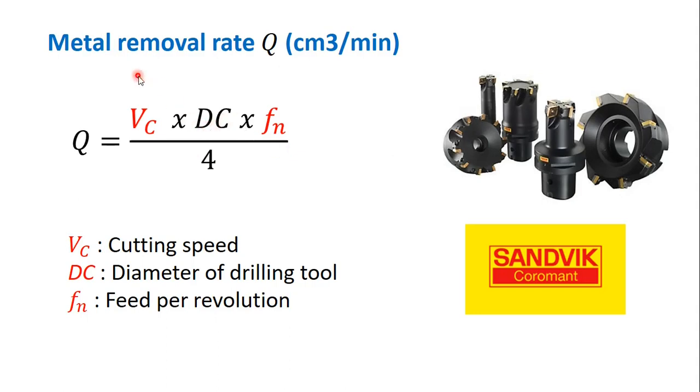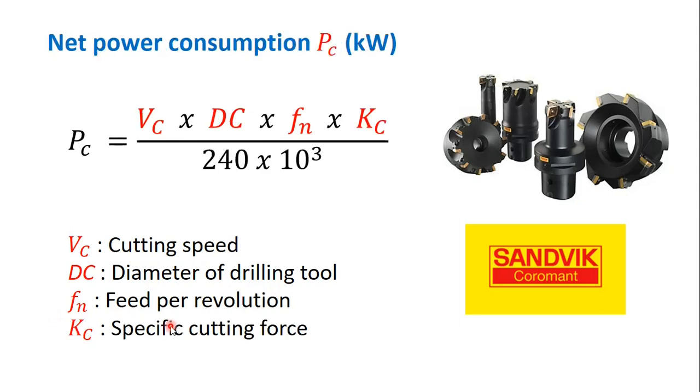And similarly, the metal removal rate is found by Vc into Dc into Fn upon 4, where Vc is nothing but cutting speed, Dc is the diameter of the drill bit, and Fn is the feed per revolution. And this is the formula if we are using a drilling operation on a vertical milling machine to calculate the power consumption, where Vc is cutting speed, Dc is the diameter of the drill bit, Fn is feed per revolution, and Kc is specific cutting force.